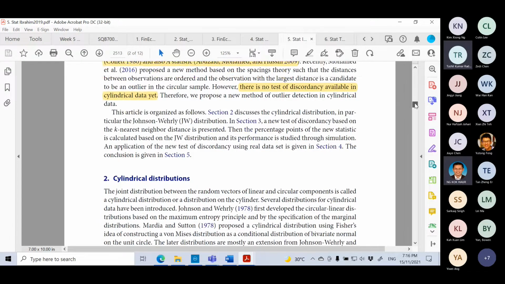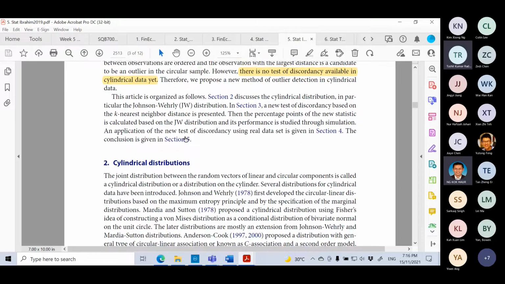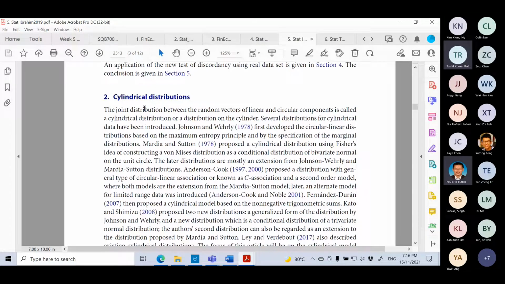If you read through this research paper, they do not write a very lengthy literature review. They will write only a very rough idea. The detail about the cylindrical distribution, they have mentioned inside here.